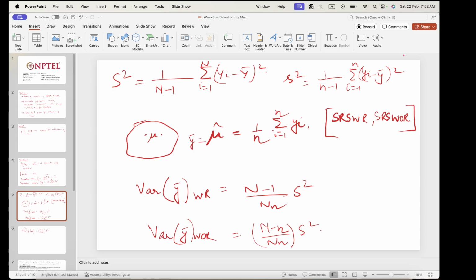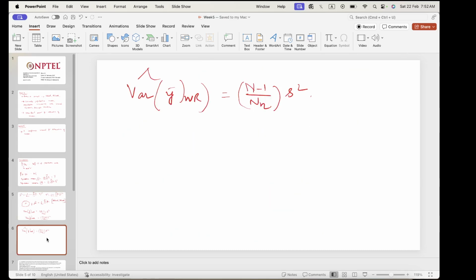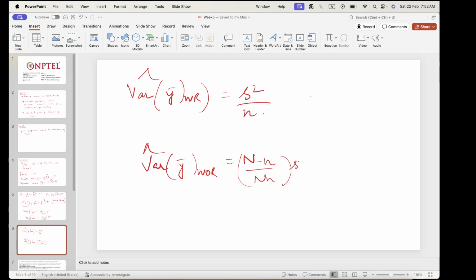So for this estimate of variance of y bar, with replacement it was s square by n, and for without replacement this estimate turned out to be capital N minus n by N n into s square.